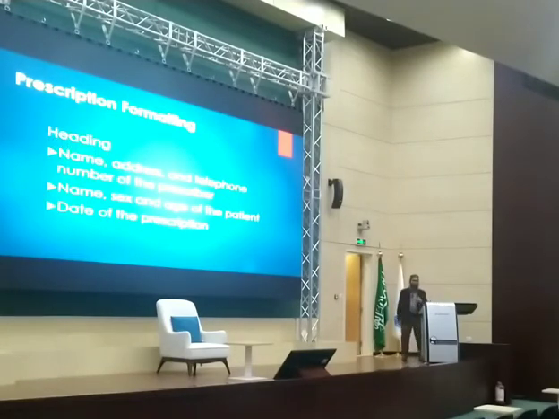The heading has the identification formats: name, address, age, sex, and date of the prescription. Sometimes, if the prescription is for the pediatric age group, then weight becomes an essential component in the heading.